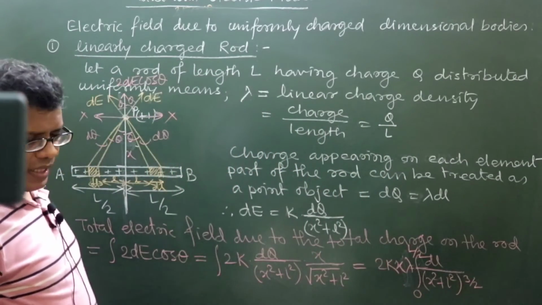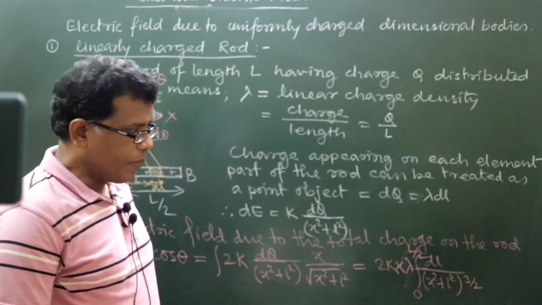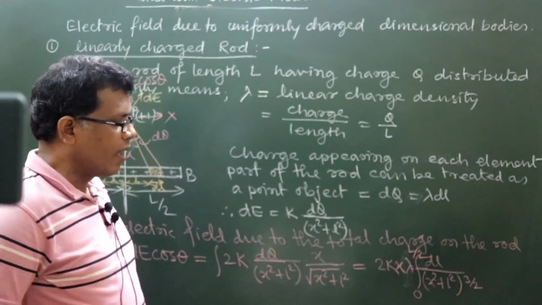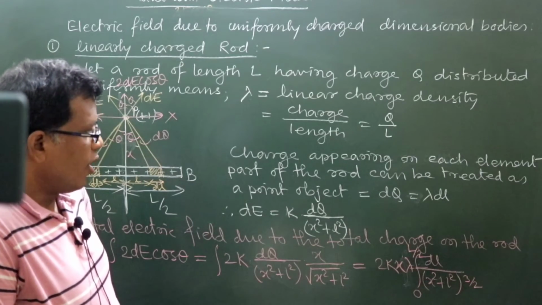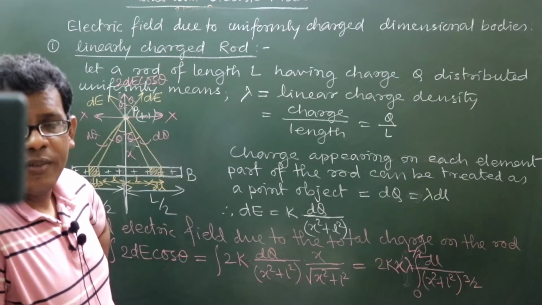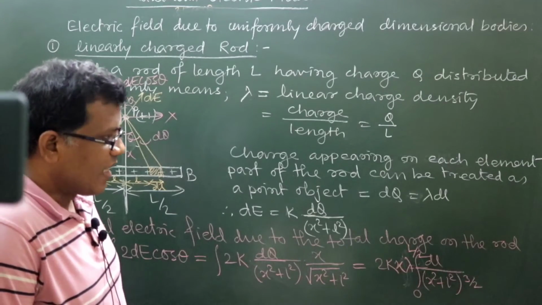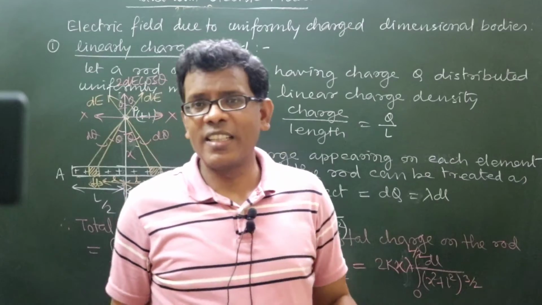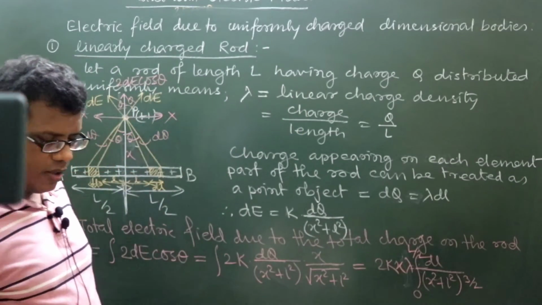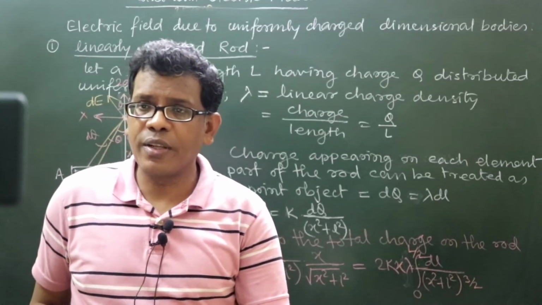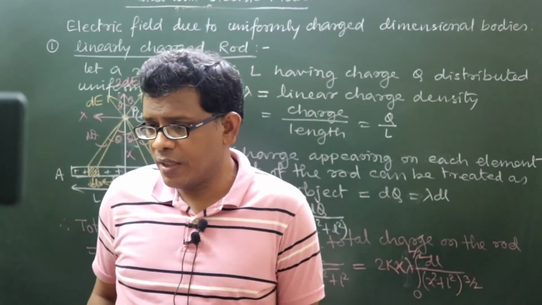The limit of integration will be 0 to capital L by 2, that means I will be integrating only one half of the rod, for all elements on one side of the bisector line, so that the elements on the other side are considered as well. Got the method? Could you follow the process of getting the electric field?